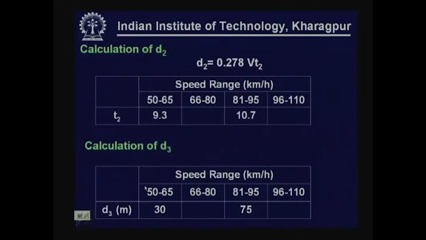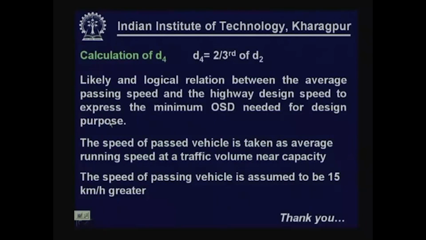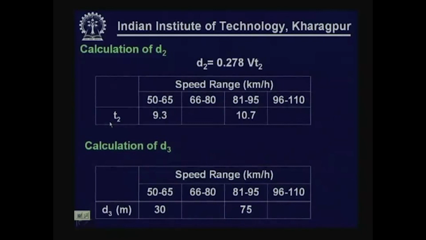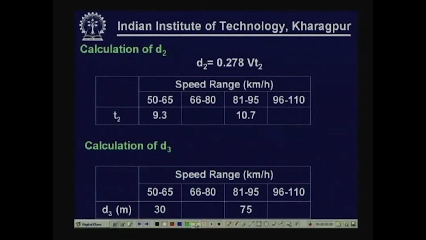Similarly, for D2, the basis we have discussed, there are different speed ranges, so one can decide this value of T2. The equation is the same, but the T2 value is obtained experimentally and reported in the manual.